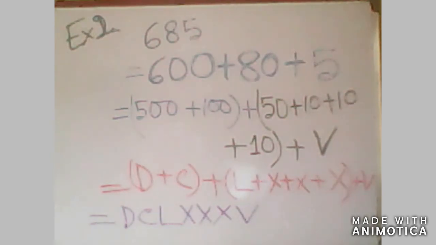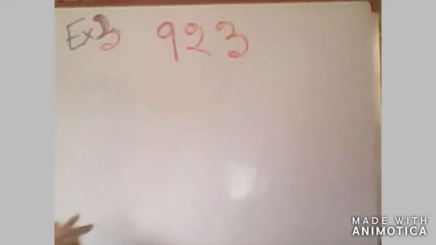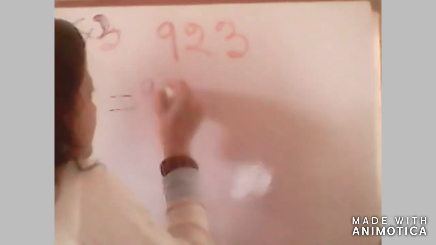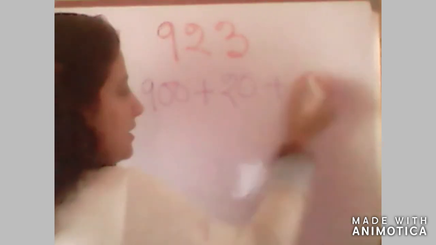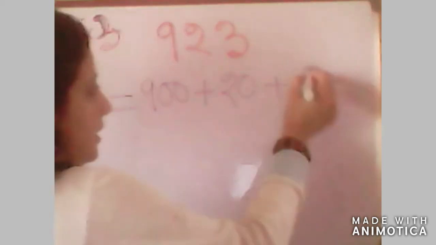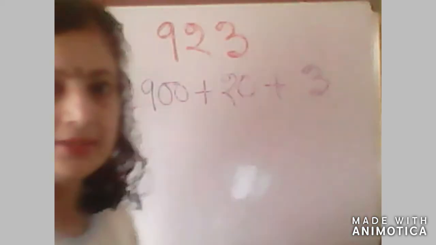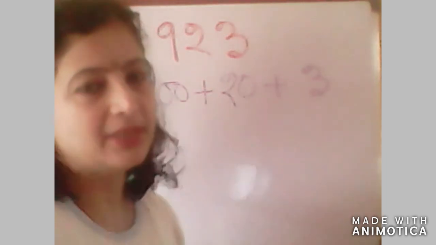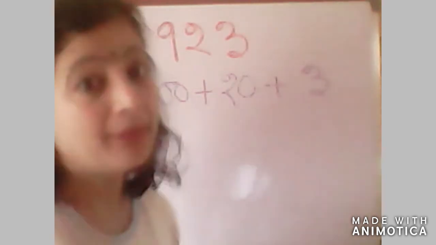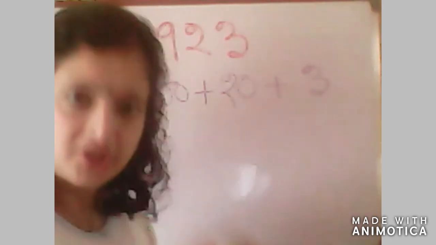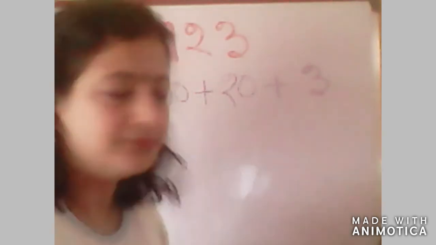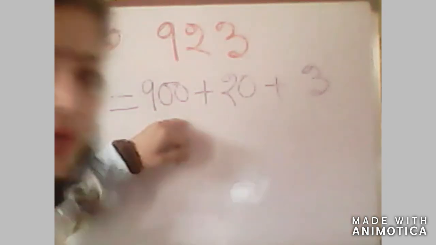Next example is 923. Now we will write this number in the Roman numeric system. We split it: 900 plus 20 plus 3. Now 900 means 500 plus 100 plus 100 plus 100 plus 100, so 4 times 100. It's not possible to write because 3 times is the maximum limit. So what will we do?